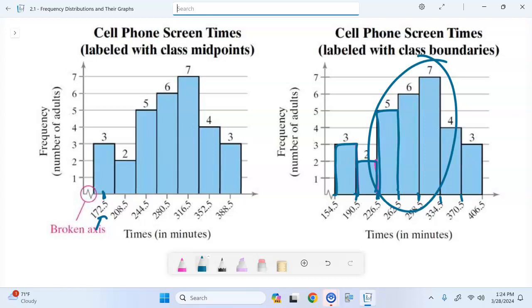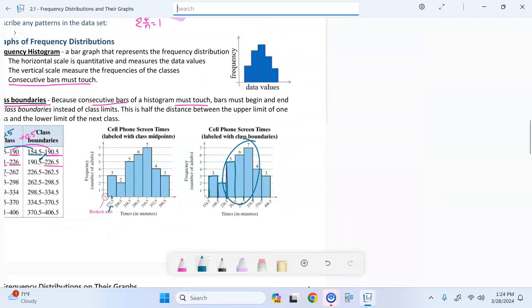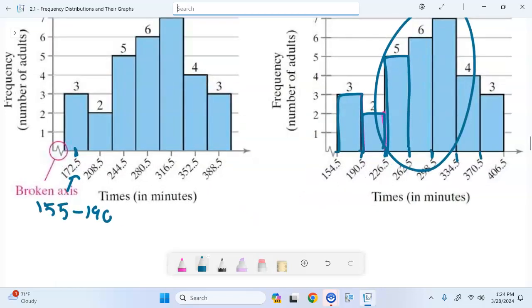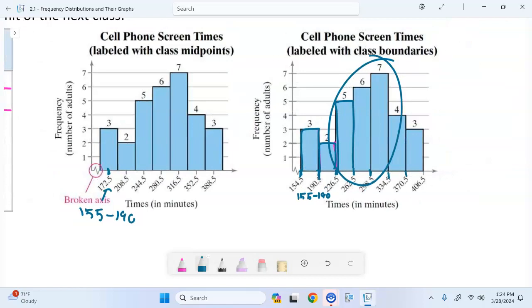So this midpoint represents that first class of 155 to 190, versus these class boundaries representing the class of 155 to 190. They're the same class, just using a different way to delineate which group it is. Same information, same trends can be seen.